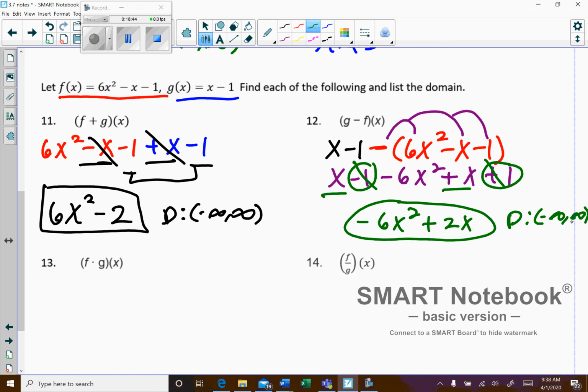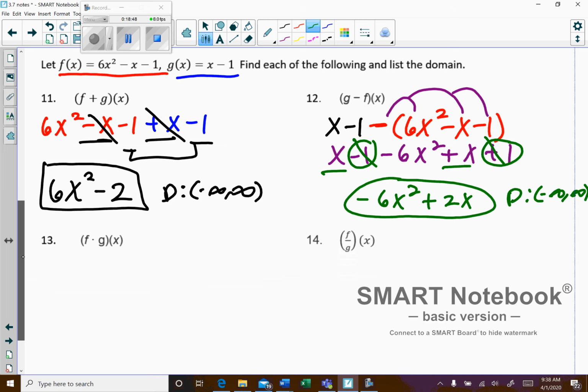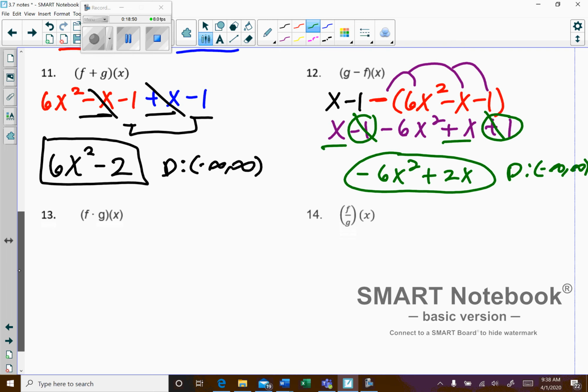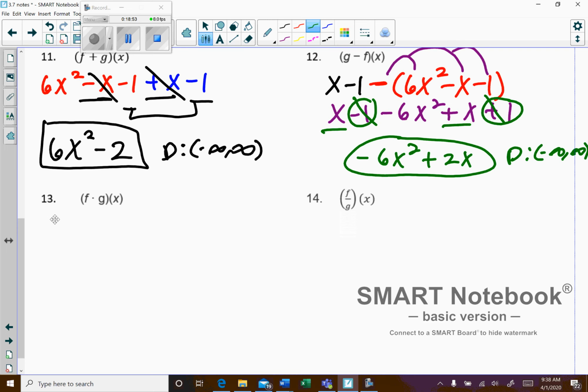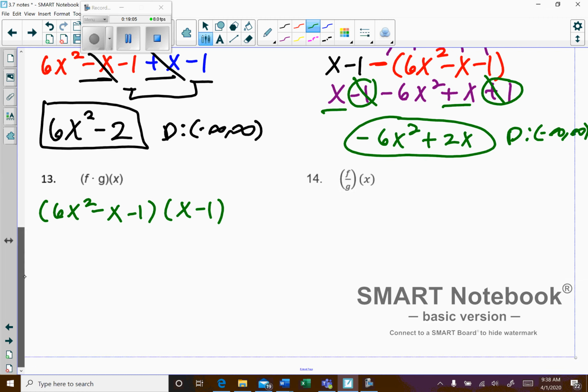Okay, so let's go ahead and take a look at the multiplication and the quotient. All right, so the f function is 6x squared minus x minus 1, and we have to multiply that with the g function, which is x minus 1. This is a little different, but it's kind of like foiling.